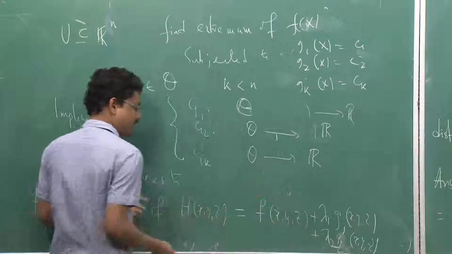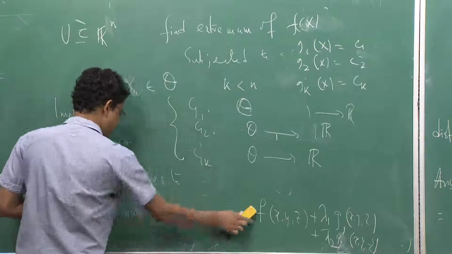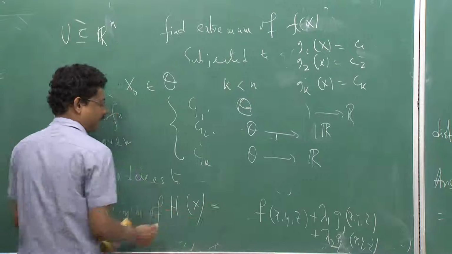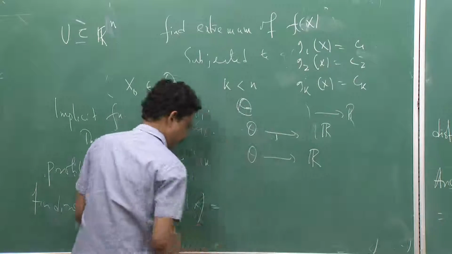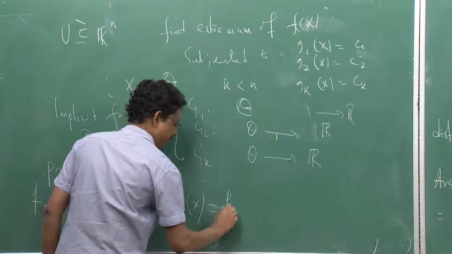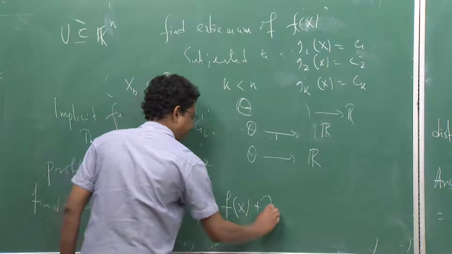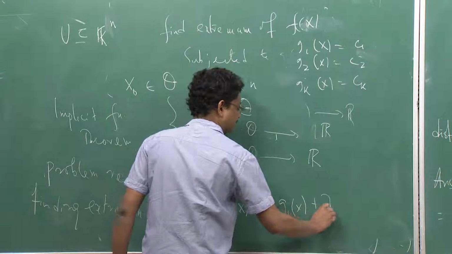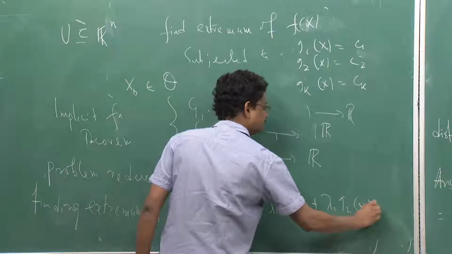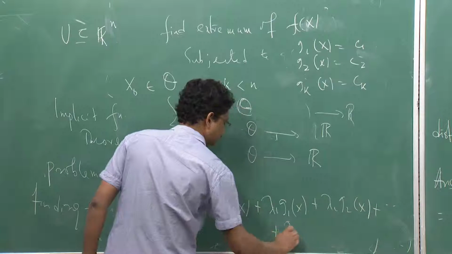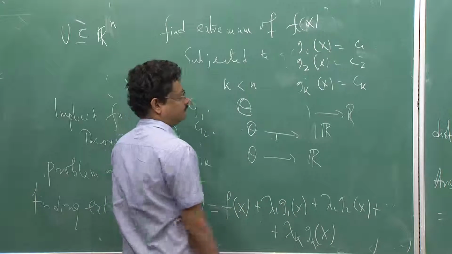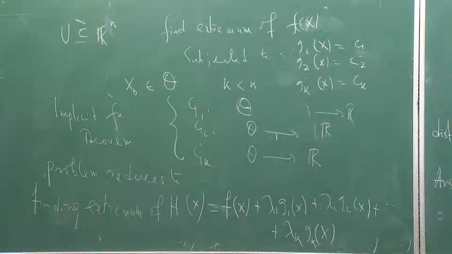The same derivation will tell us that it reduces to finding the extremum of H(x) equal to, and that is it, that is the Lagrange multiplier method.